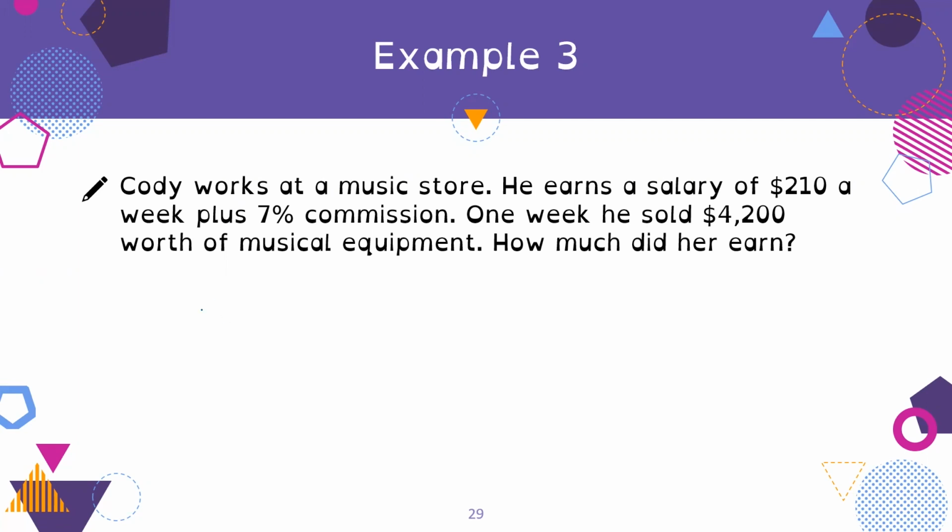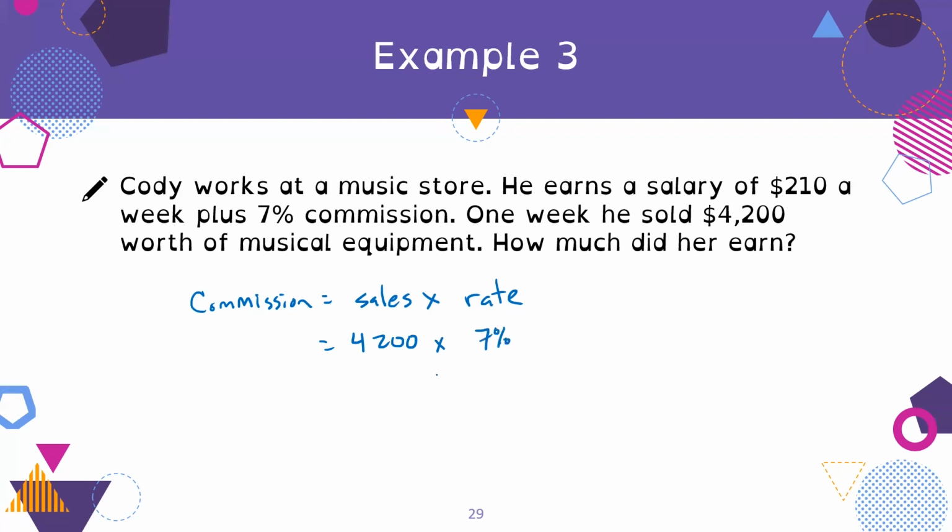So to figure out the commission, we do our sales times our rate. So our sales was 4,200 times 7%.